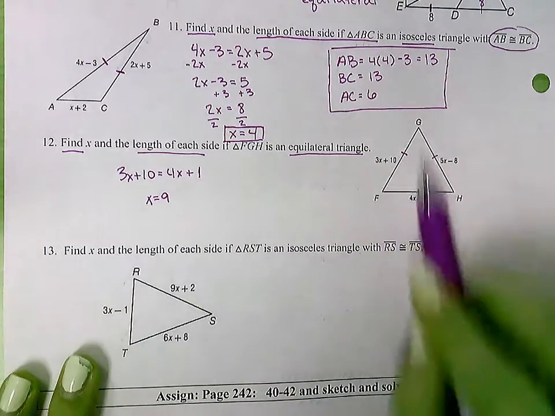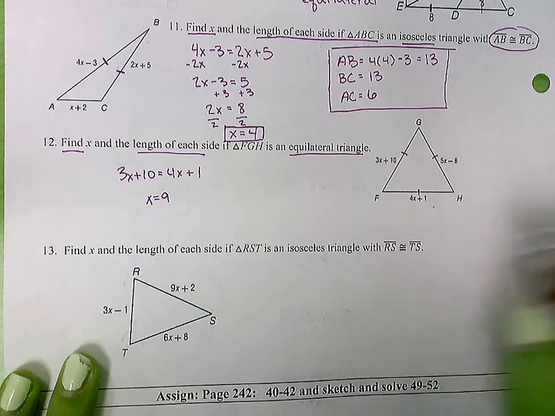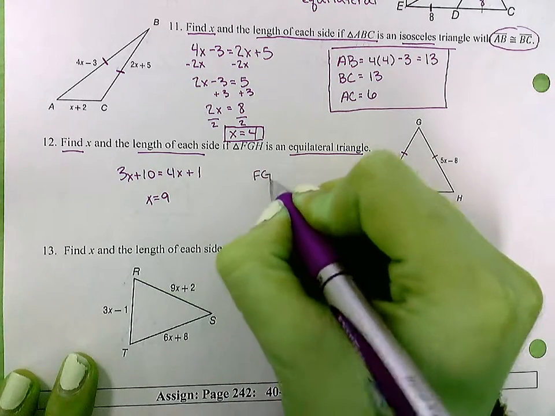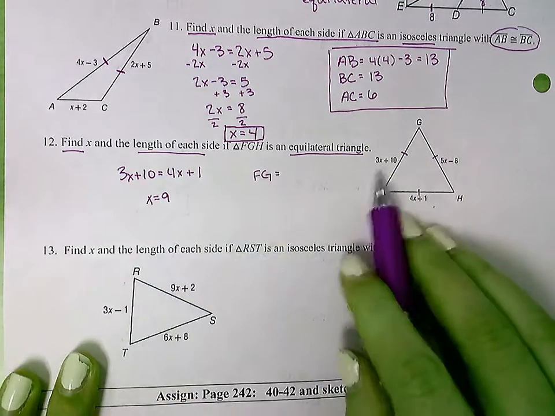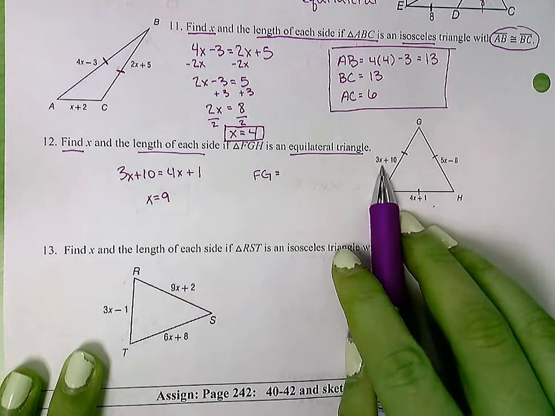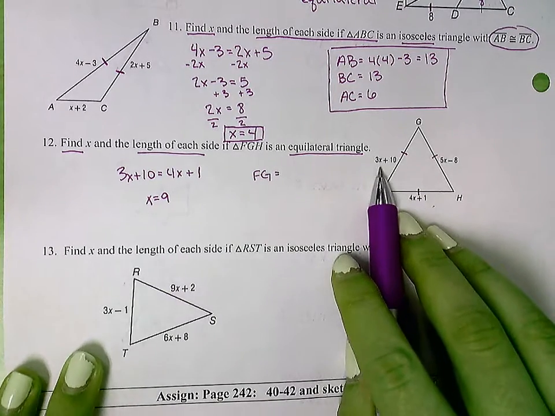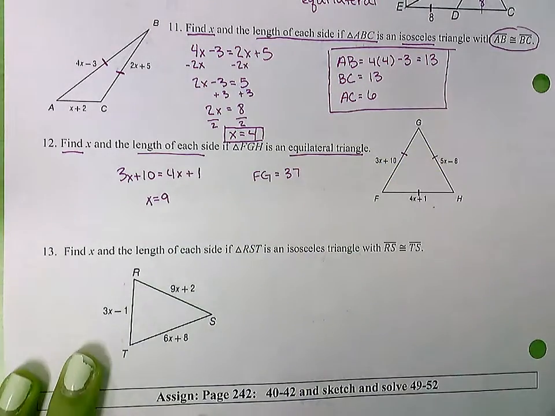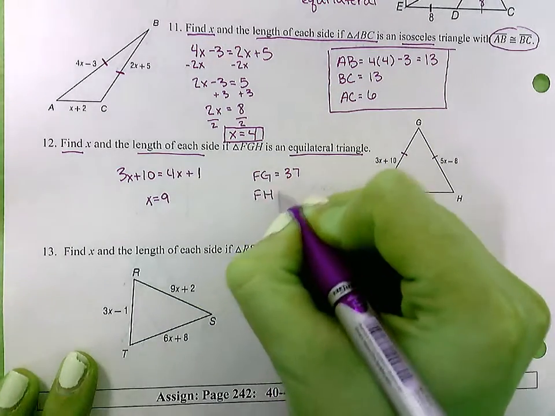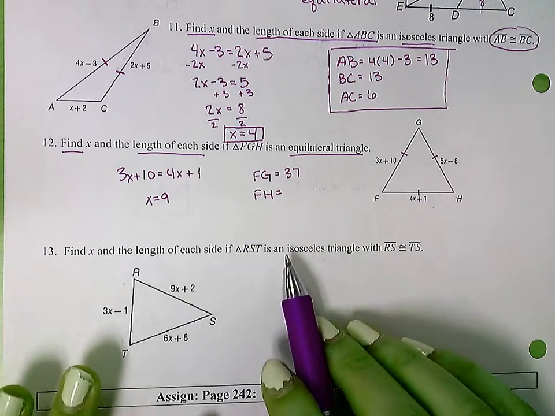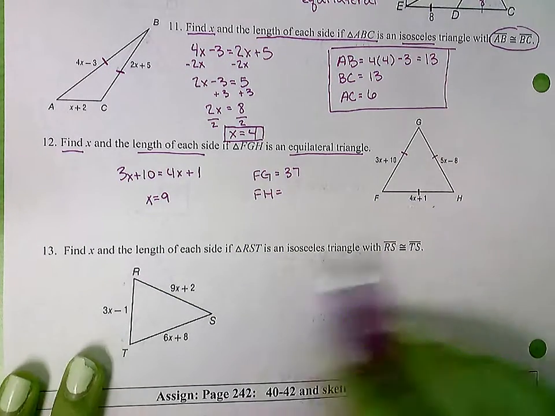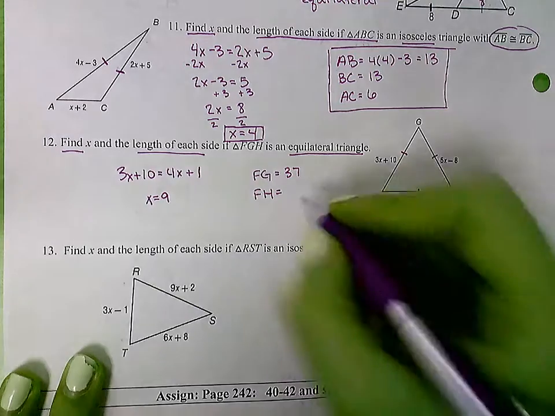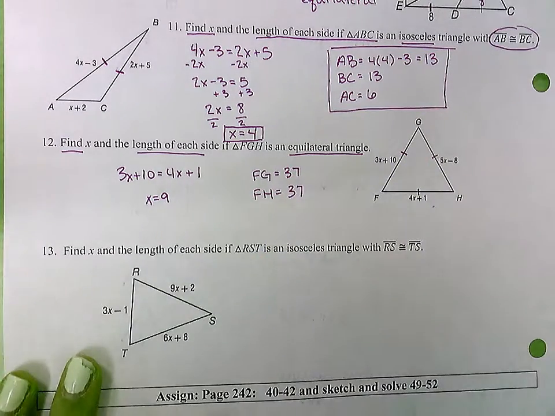And I want to find the length of each side. So FG, I'll plug in 9 for x. 9 times 3 is 27, plus 10 is 37. FH, again, these are equilateral, so if you plugged in 9 for x, you should again get 37.